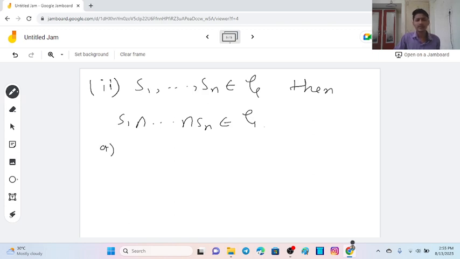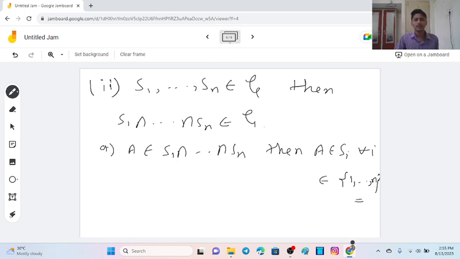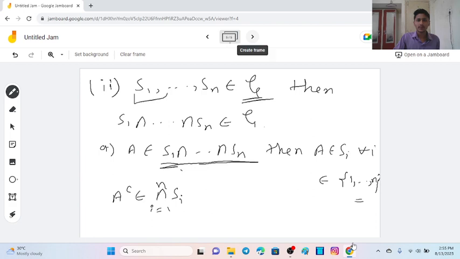Because we can easily see that if A belongs to the intersection, then A belongs to Si for all i in 1 to n, right? That's why it will be an intersection. So A complement belongs to the intersection of Si for i running from 1 to n. Why? Because all the Si belong to C, right? That was also a trivial thing.